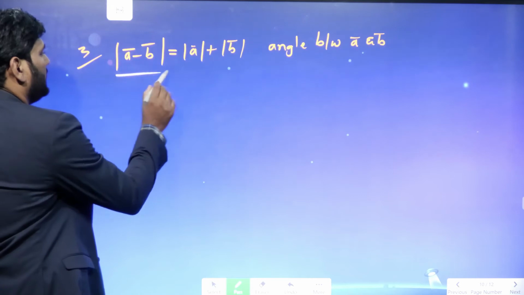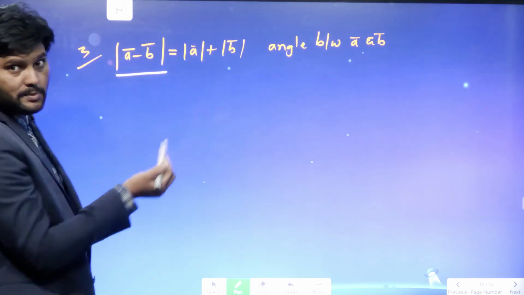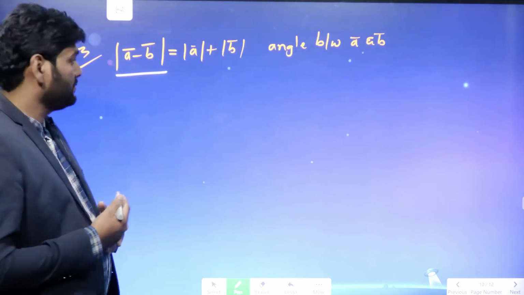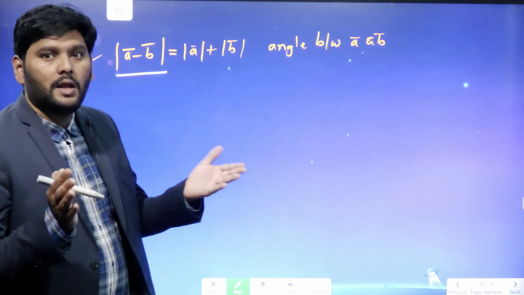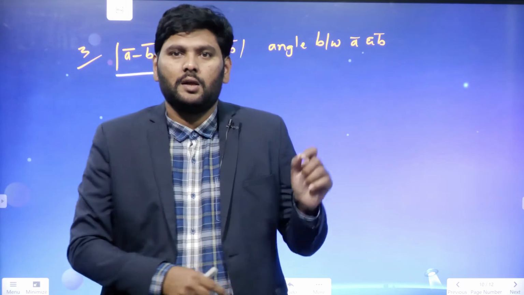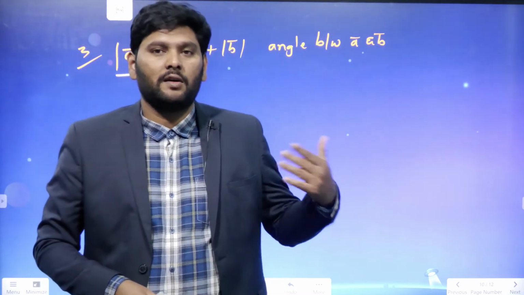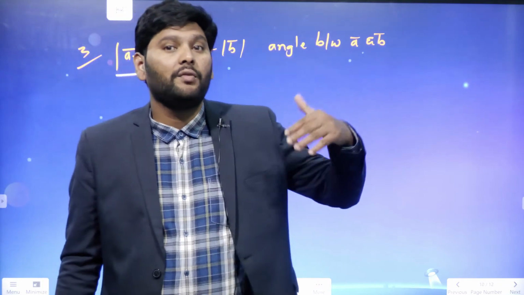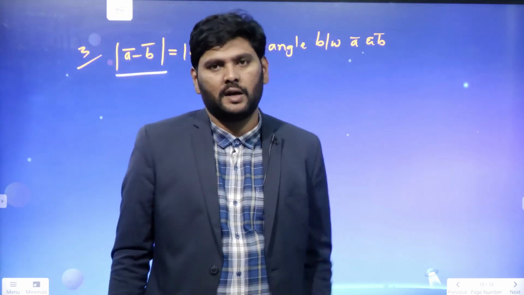So first write down this a bar minus b bar. This is nothing but vector subtraction. Vector subtraction is one kind of addition only. Here we are adding a vector with the negative vector of the other one.